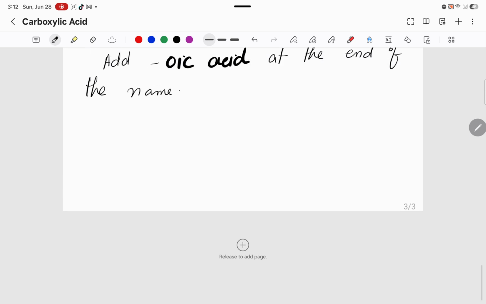All right. So let's write down some of the names and the formulas of a few carboxylic acids.